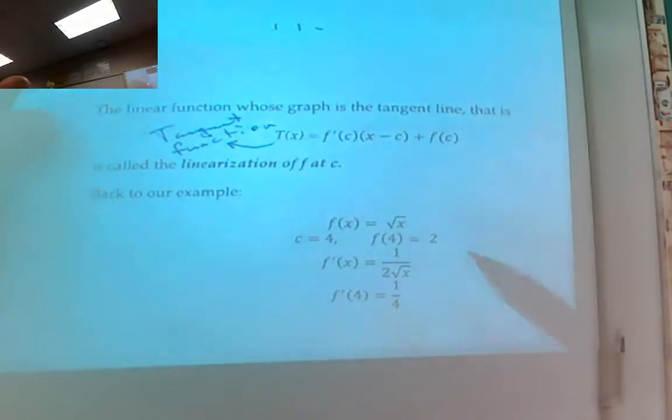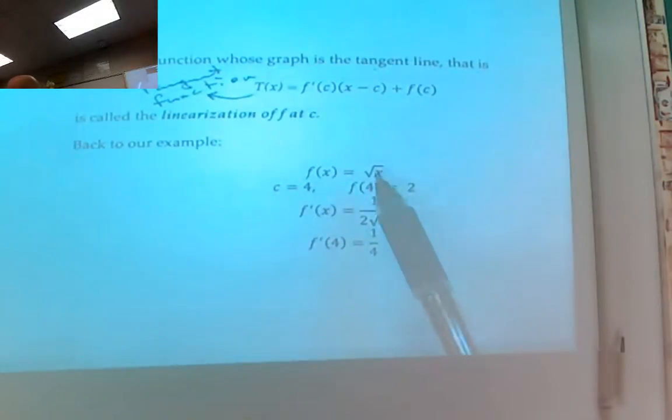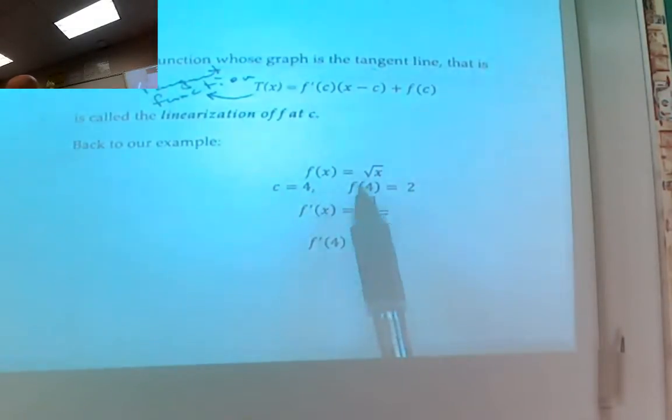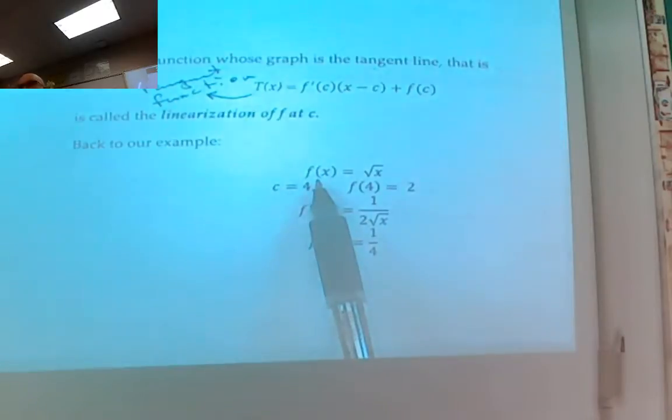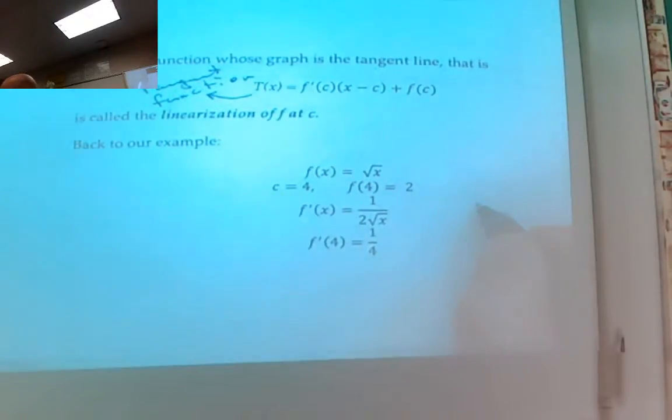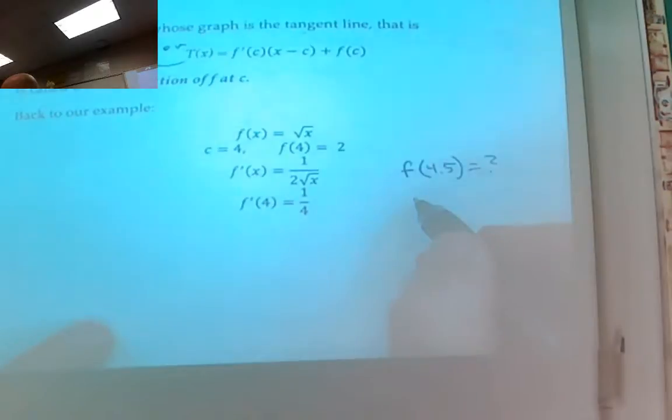So, notice what I do. Here's my example. I'm trying to figure out what f of 4.5 is. In other words, I'm trying to figure out what the square root of 4.5 is.